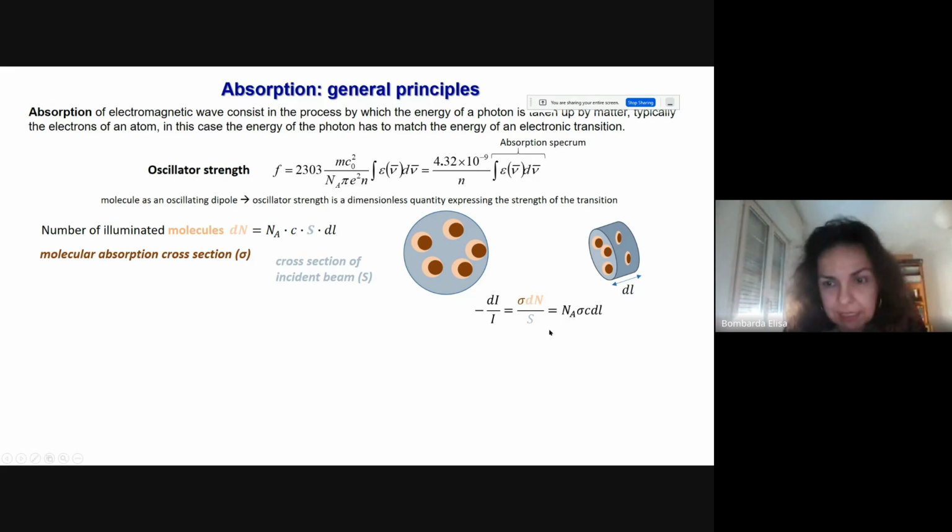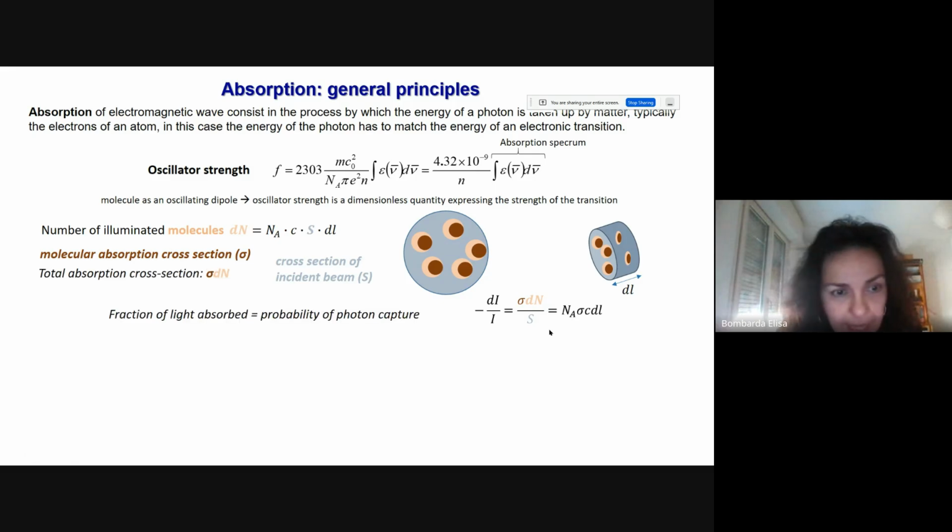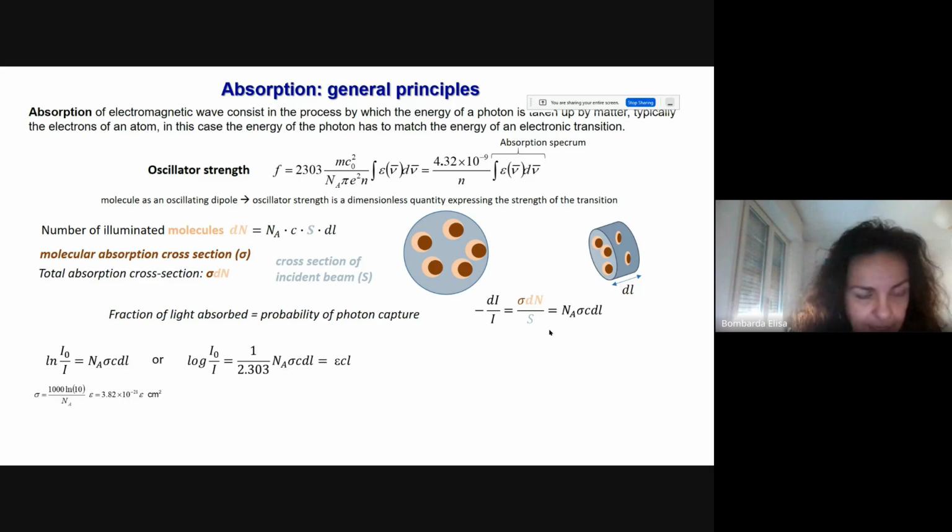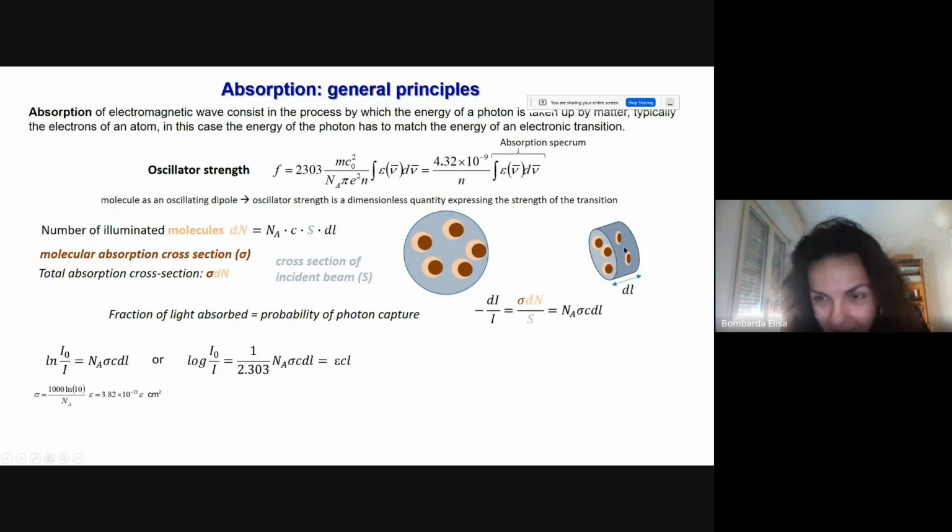Okay, so then mathematically you can follow. The fraction of light absorbed is the probability of photon capture. We can say it like this. So we go through some mathematics: we just integrate, that is just an infinitesimal volume, to have it in all the sample.